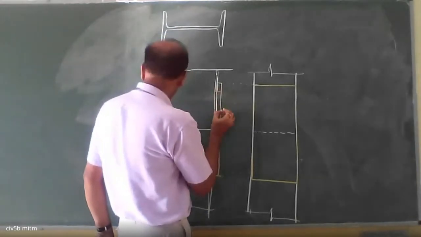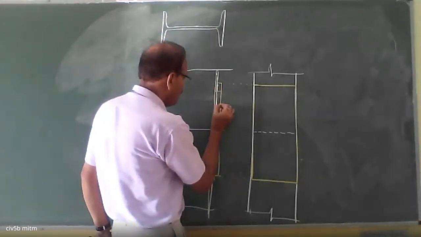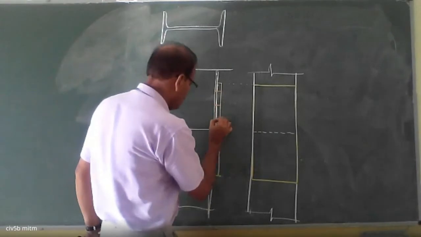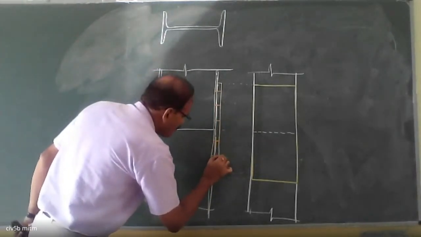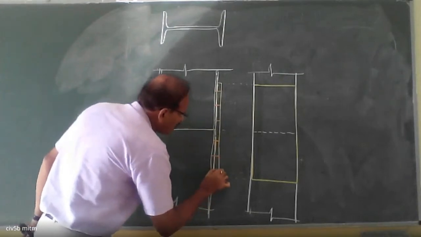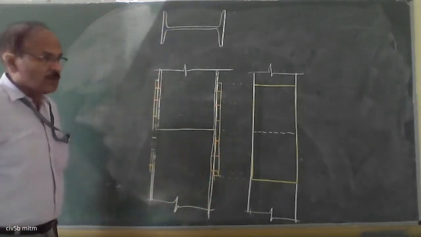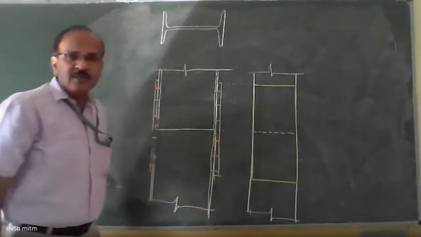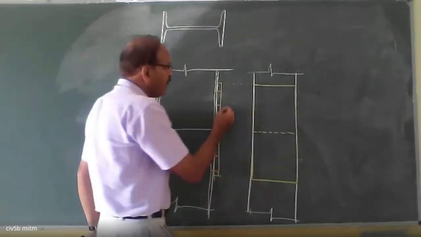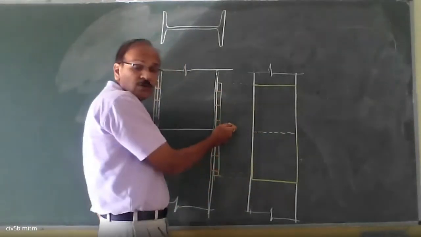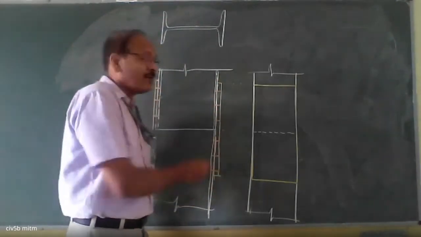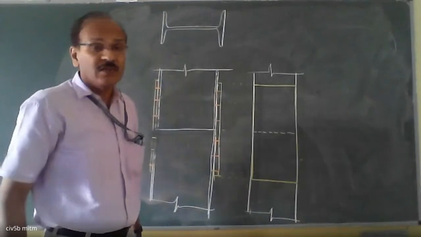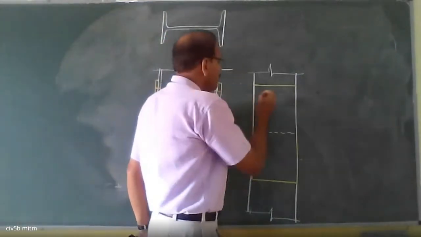Similarly, on this side. When you look from the side view, you see one line of bolts here, and there is another line behind on the other side of the web of this I section. So this you will see here.